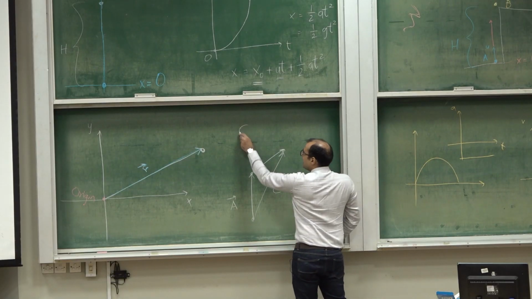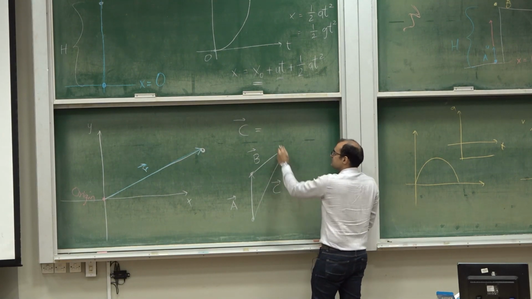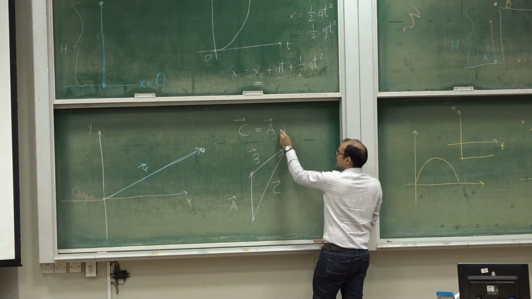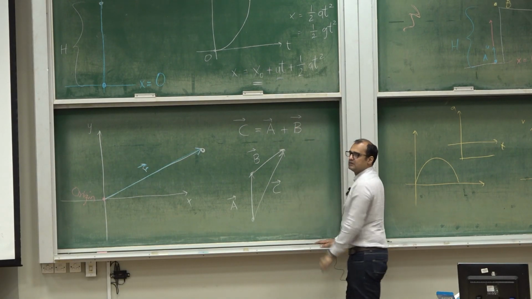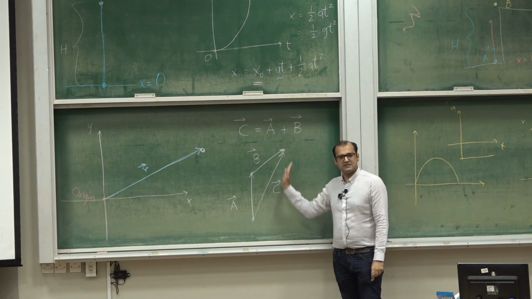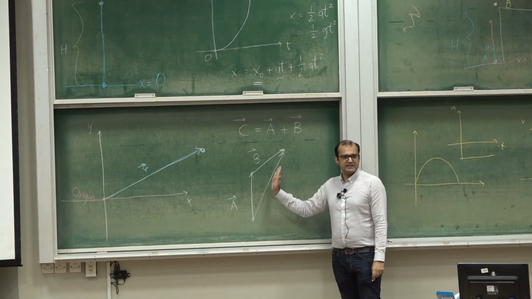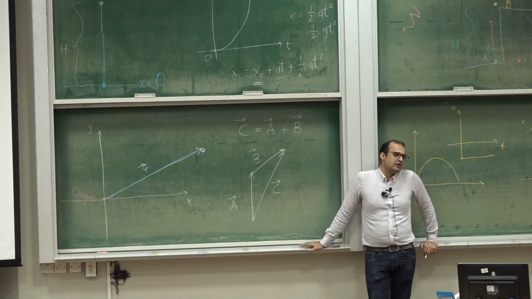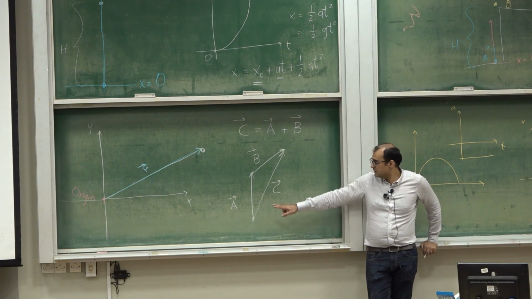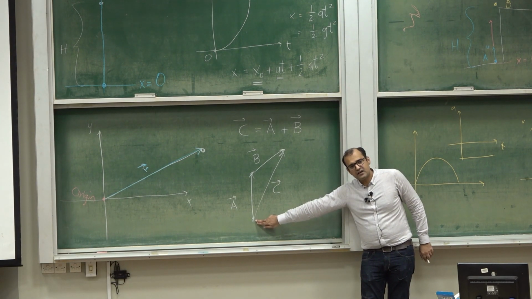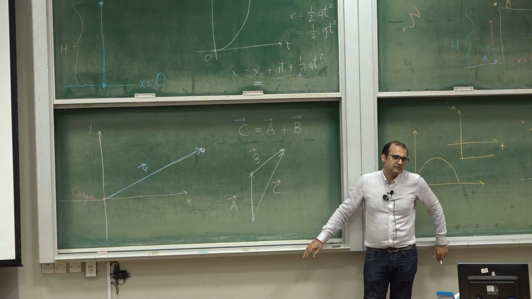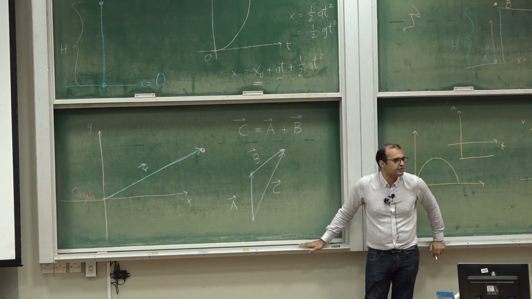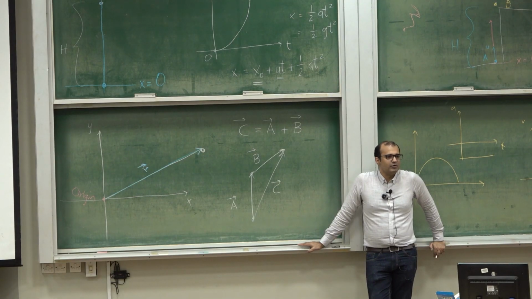So by the same analogy, we write this as C, this arrow C equals the sum of arrows A and B. This is just shorthand for this process: you draw the first arrow, you link the tail of the second arrow with the head of the first arrow, and now we understand what we mean by the sum. The sum is the arrow that joins the tail of the first arrow to the head of the second arrow. That's where this head to tail rule comes from, but it's obvious, okay, if you just walk around.